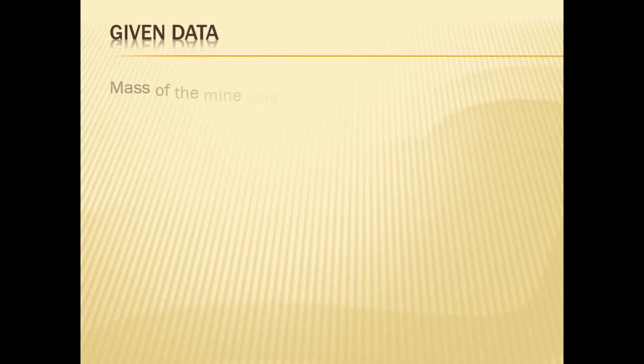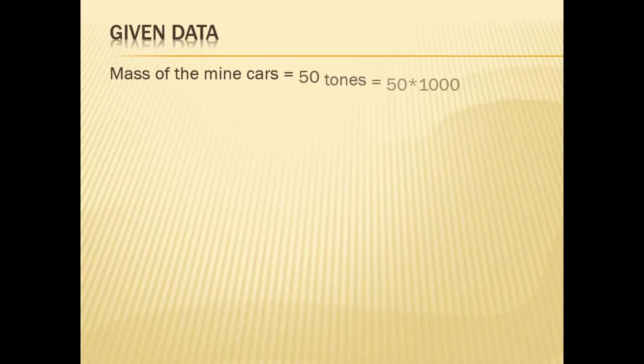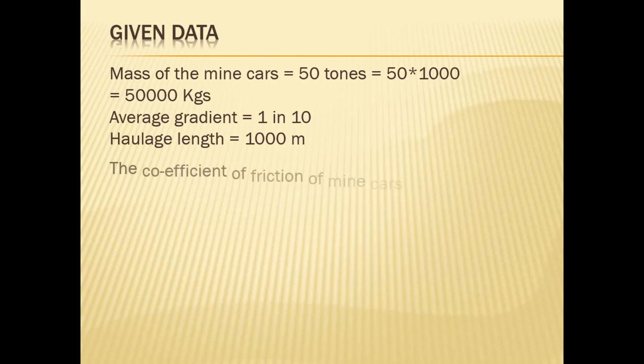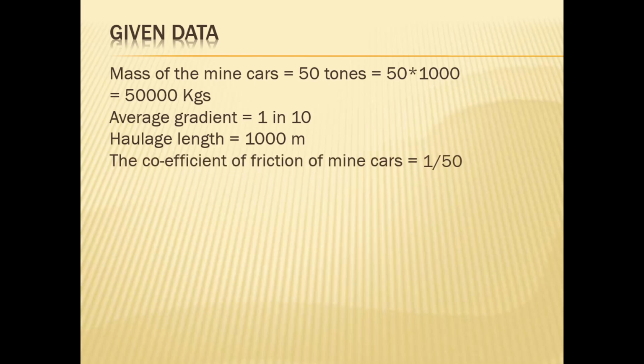So here we are. The mass of the mine cars is given to us as 50 tons. We convert that into kgs, and we get a numerical value of 50,000 kgs. Then the average gradient given to us is 1 in 10. Haulage length is 1000 meters.